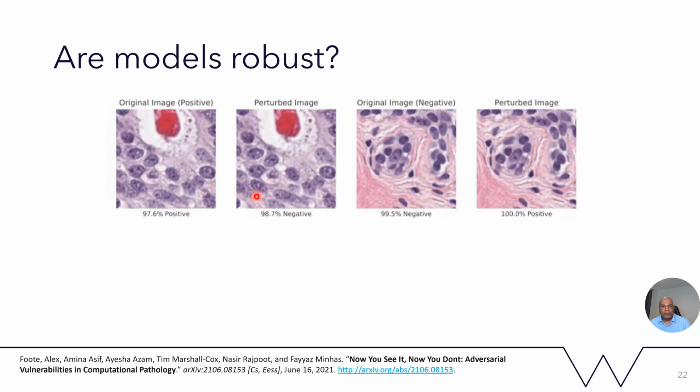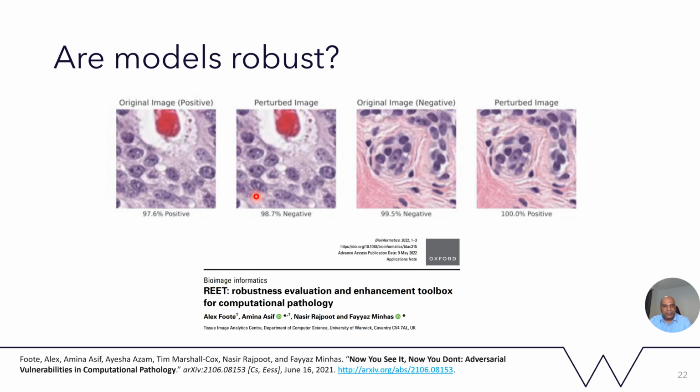To help the community with this, we built a toolbox called REAT, Robustness Evaluation and Enhancement Toolbox for Computational Pathology, which gives different methods of assessing how fragile your machine learning model is, and how you can train it better to be less fragile, so that it is able to perform better if it sees images that may look different or come from a different scanner or with different resolutions or even with different compression ratios and so on. So if you are interested in that work, please do explore that.